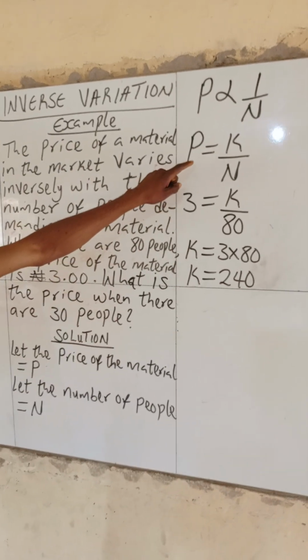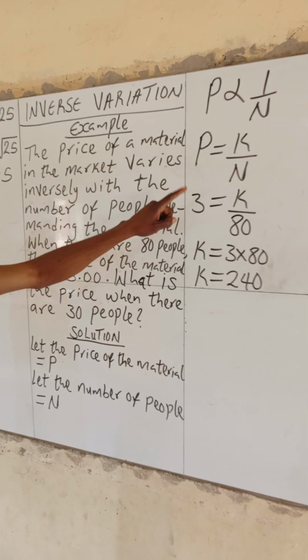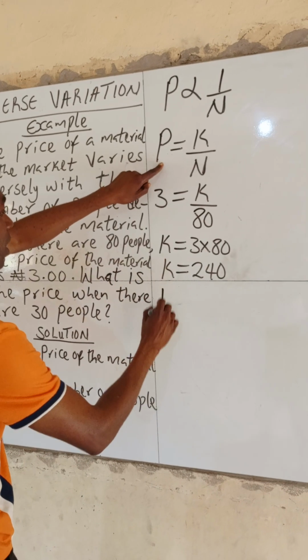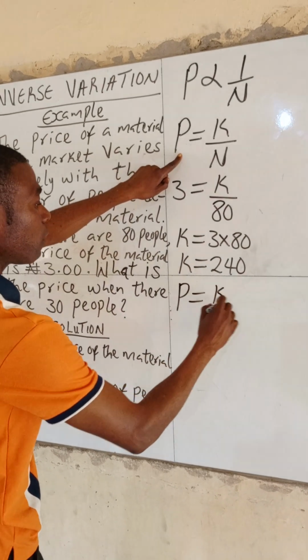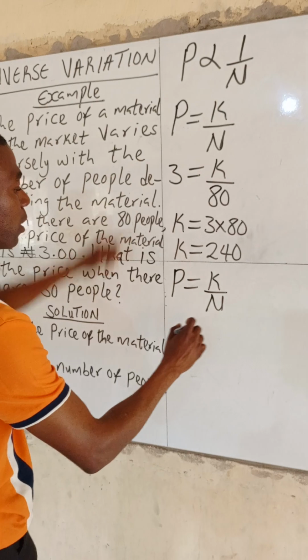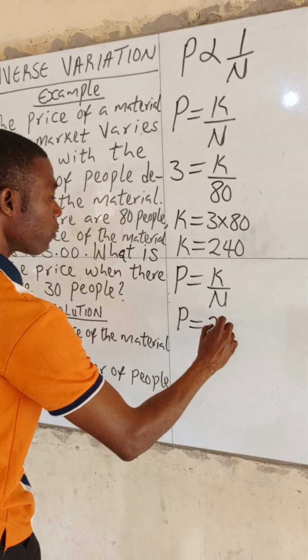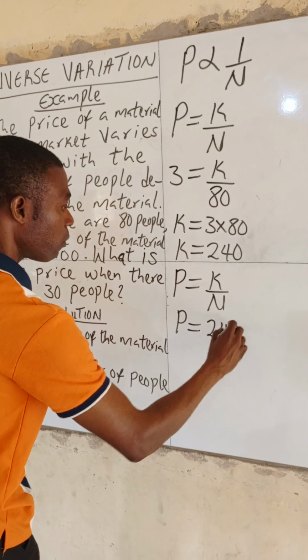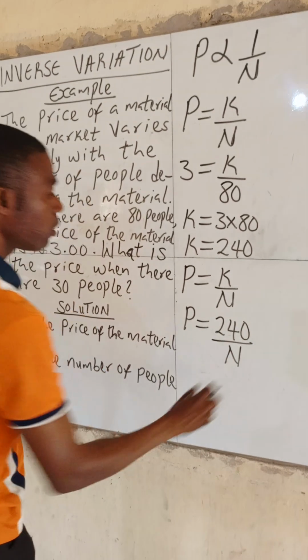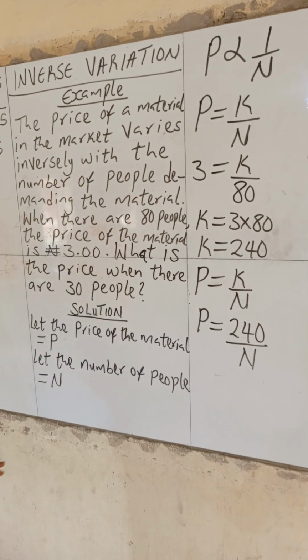Then we go back to find the relationship. So coming back here, we have P equals to K over N. Then P equals to K, which is 240, over N. So 240 is the constant in the variation.